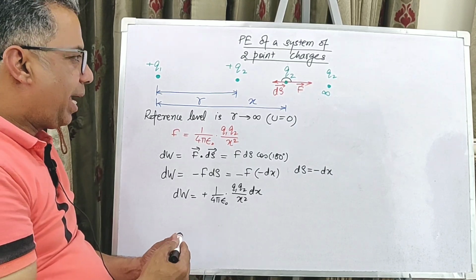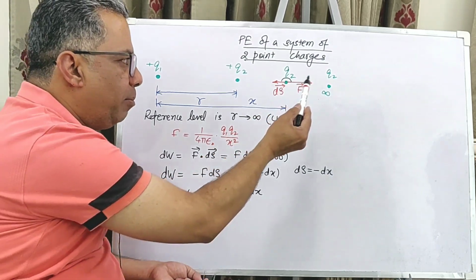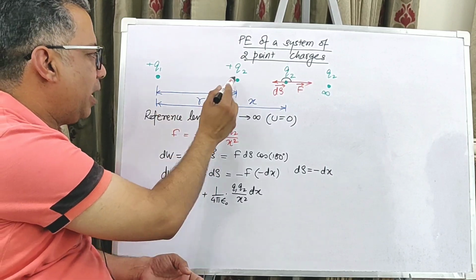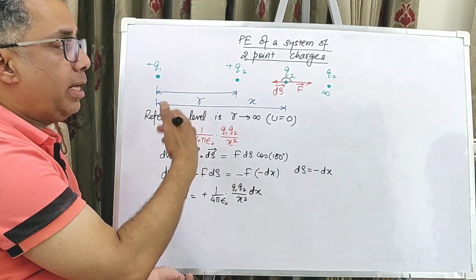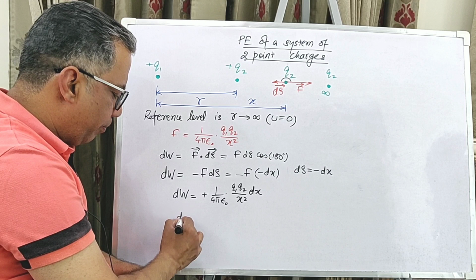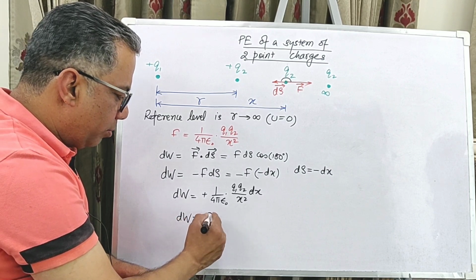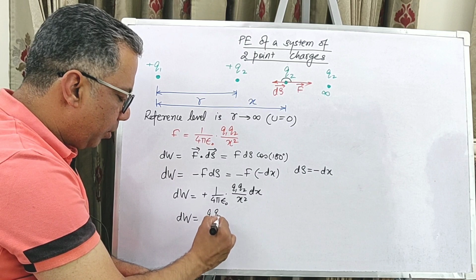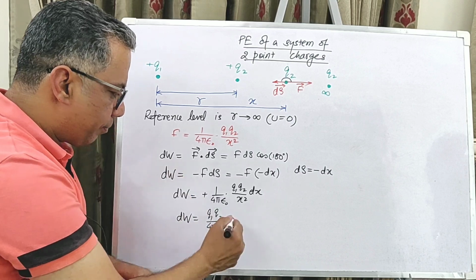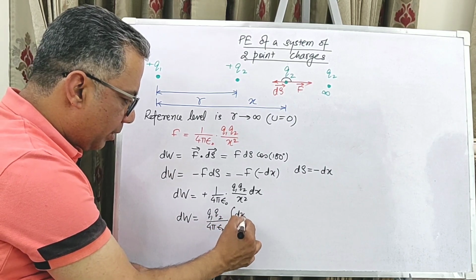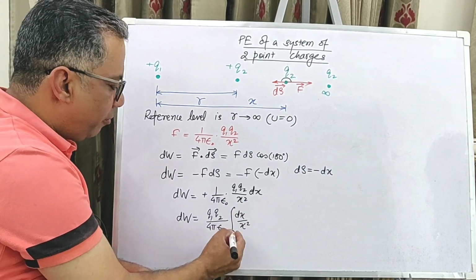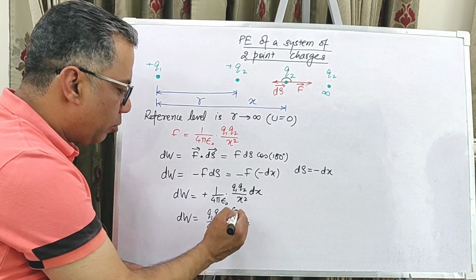Now we'll be calculating the total work done in moving charge q2 from infinity to this position when the distance becomes r. To calculate that total work, we have to use a summation or an integration here, and therefore W will be equal to q1 q2 by 4 pi epsilon naught, dx by x square, and the limits for x will be from infinity to r.